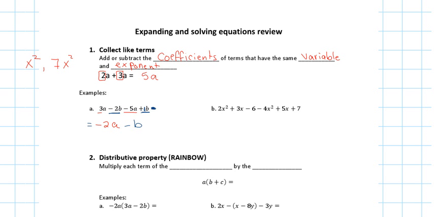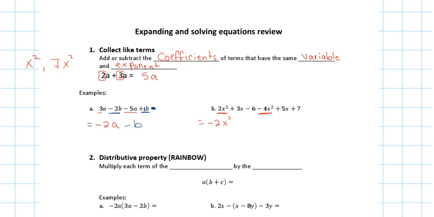Let's look at the second one. So we're going to start with 2x squared. Do you have a like term for 2x squared? 4x squared. Minus 4x squared. So 2 minus 4 gives me negative 2x squared. Okay? Then we have the 3x.